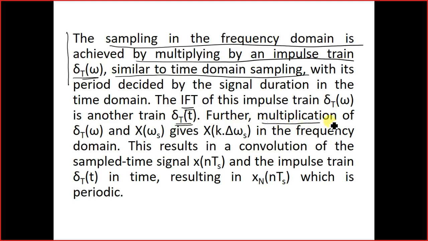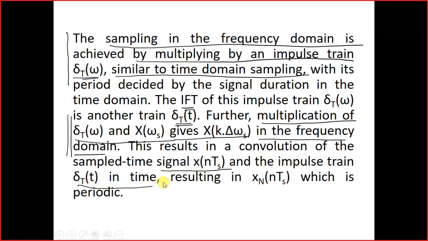Further, multiplication of delta f of omega and x of omega s gives x of k delta omega s in the frequency domain. That means we have now discretized the frequency component. This results in a convolution of the sampled time signal x of n Ts and the impulse train delta t in time, resulting in x of n Ts, which is periodic in nature.